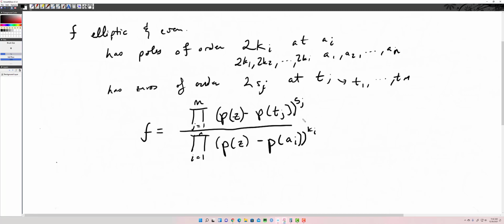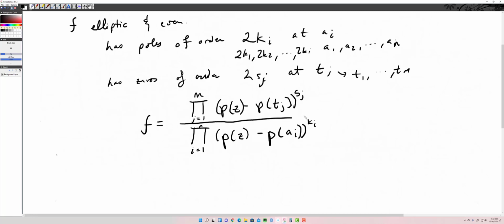I guess the only question is, do I have any extra poles? And here's kind of the nifty thing. Let's say that I have extra poles. Then I just multiply by whatever the extra poles are up here to remove them. And then I'd have extra zeros too, and I just multiply by whatever the extra zeros are down here and remove them.